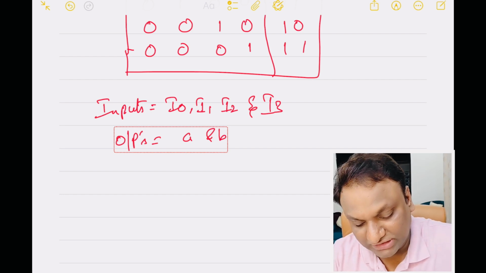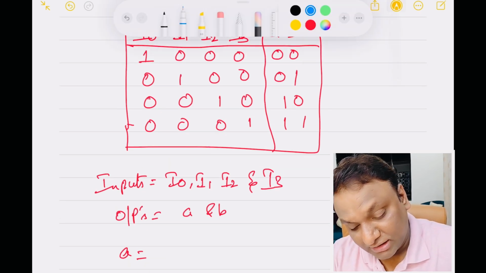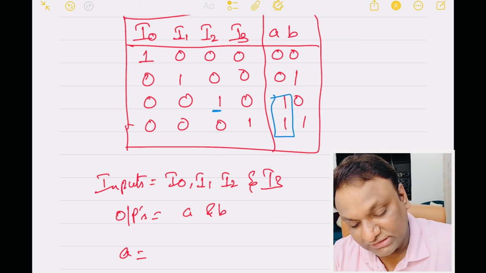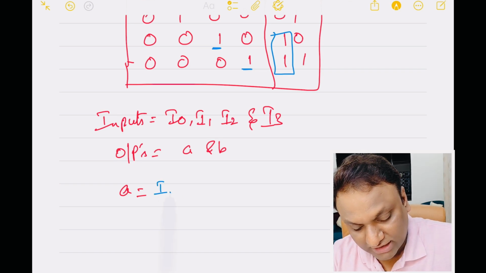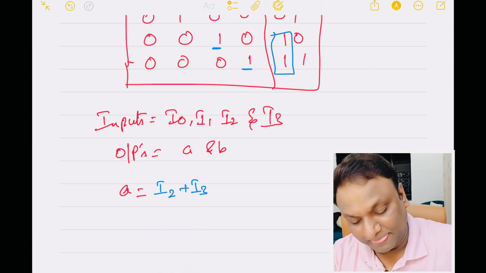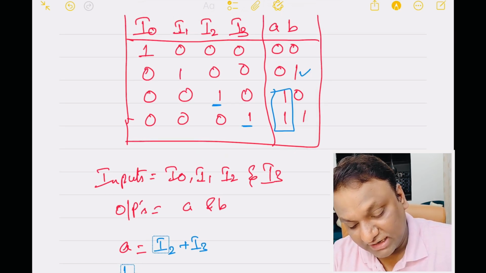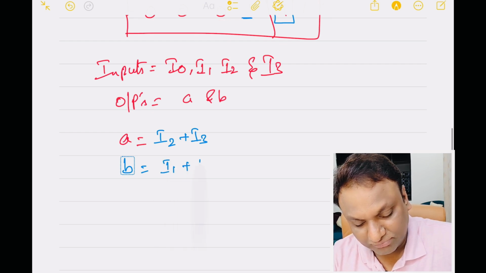You can see that A and B are 1, 1 in this case: I2 is equal to 1 and I3 is equal to 1. Therefore A is equal to I2 plus I3. Similarly, B has a 1 for I1 and for I3, so B is equal to I1 plus I3.